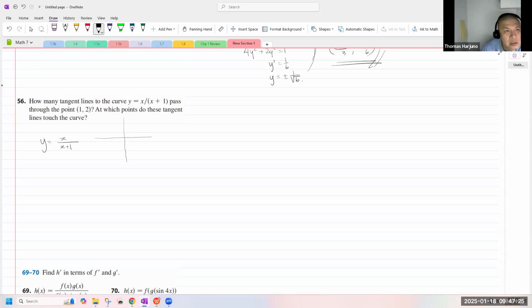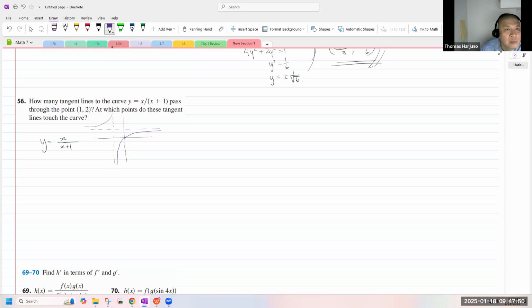So the vertical asymptote is at x equals negative 1. What should the curve look like? The horizontal asymptote is 1. So the curve should look like this. We don't need to know what the curve looks like.